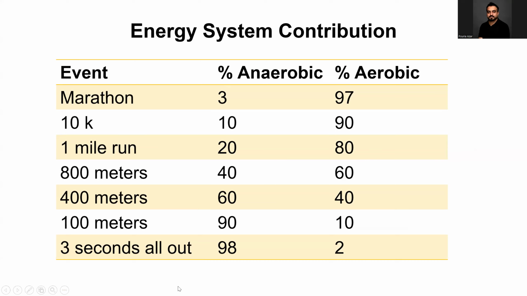And as you can see, for example, for 100 meter runners, the percentage of anaerobic energy system increases and aerobic percentage decreases. So based on the intensity and the duration, we have different energy system contributions.